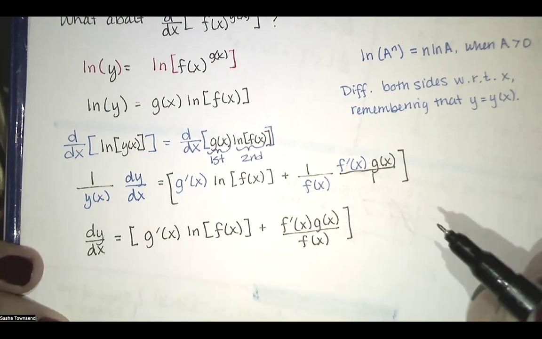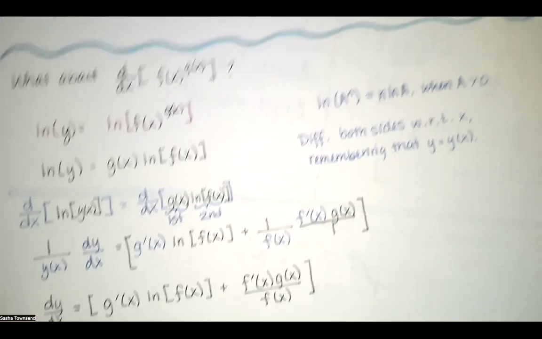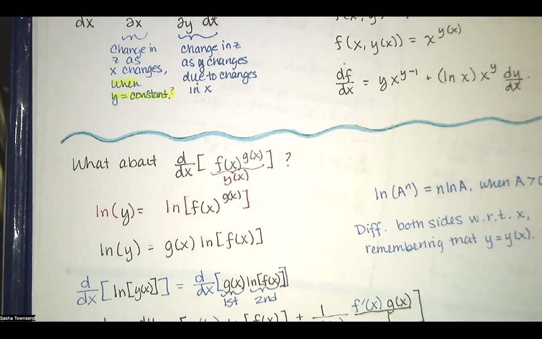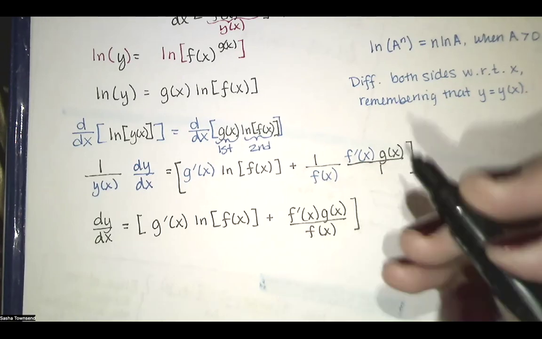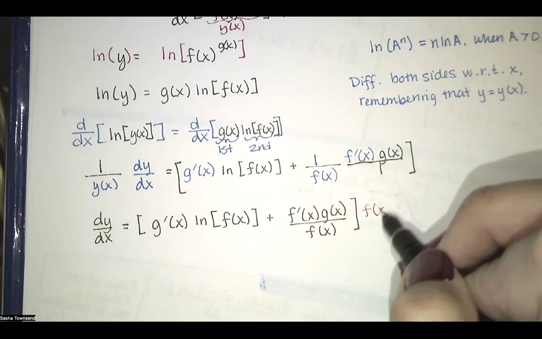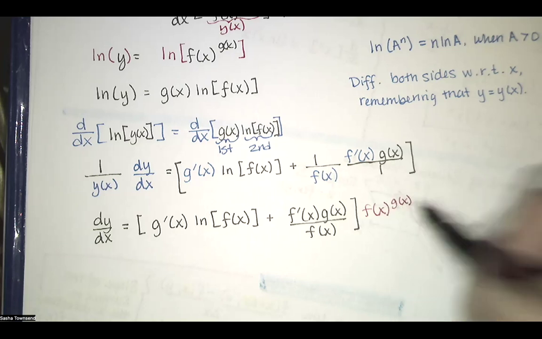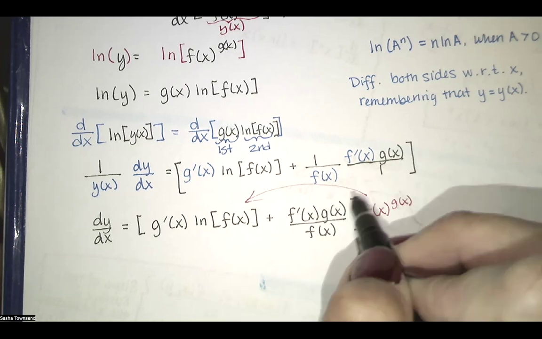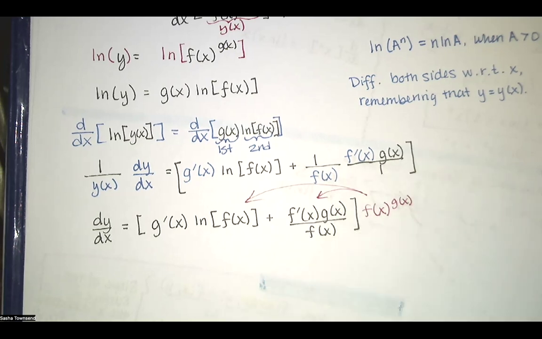Now, if you want, you can replace y of x with what it is. And I'd like to do that. Remember what y of x is. y of x is actually this function, f of x raised to the g of x power. When I multiply both sides by y, I can multiply by f of x to the g of x power, and that's the same thing. So if we distribute that now, distribute term by term, this is what you get.